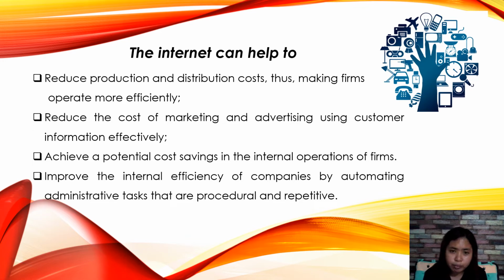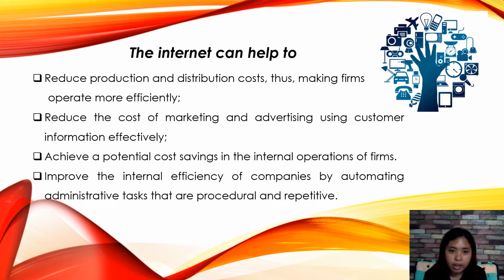Next is the internet can also help to reduce the cost of marketing and advertising using customer information effectively. So, the information on customer segments, the types of products they demanded, the trends and fashions form the basis for a more targeted marketing effort, thus reducing the cost of marketing and advertising.